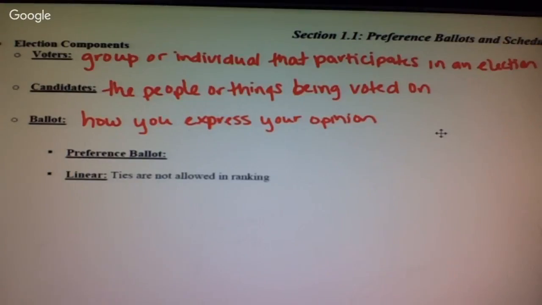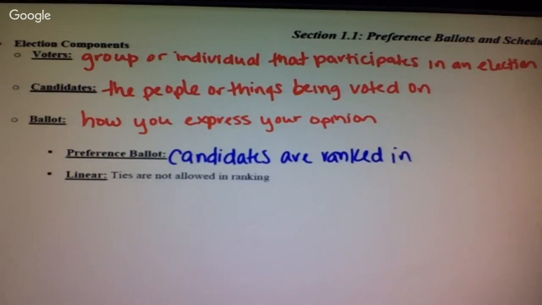So specifically in this chapter, we're going to talk about preference ballots. What these are: candidates are ranked in order of preference.